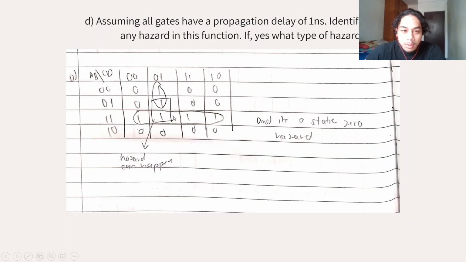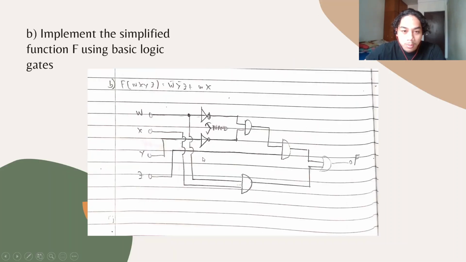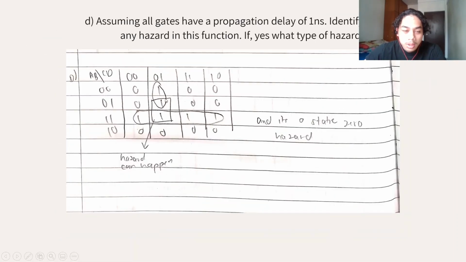From the K-map before, in question 1, this value of 1 is adjacent to each other but not in a group. So a hazard can happen here because it is adjacent to each other but not in a group, and it's called a static hazard.